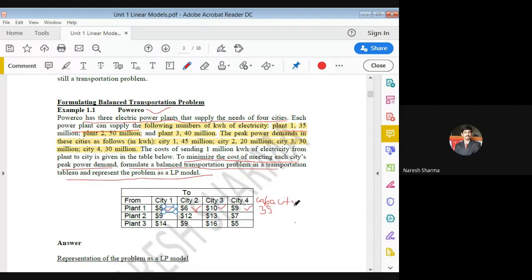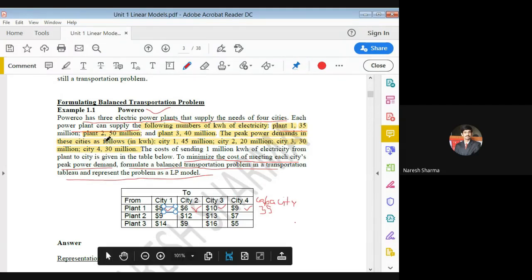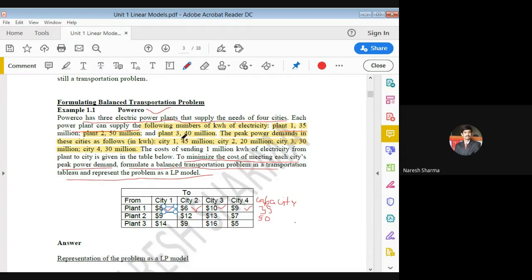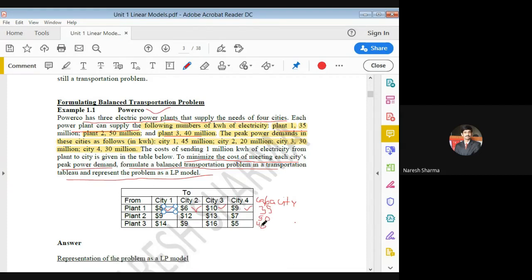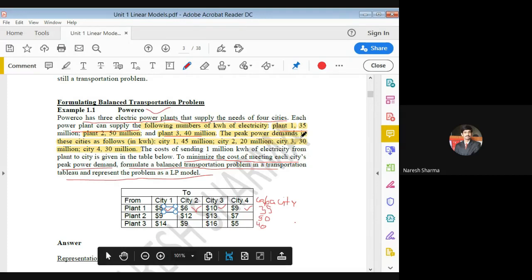Similarly, plant 2 has a capacity of 50 as per the statement, and plant 3 has a capacity of 40 million. And similarly, the peak power demand, the requirement city-wise, is also given. In the statement, it is 45 for city 1, 20 for city 2, 30 for city 3, and similarly 30 for city 4 respectively.